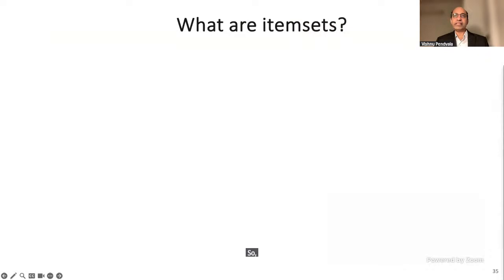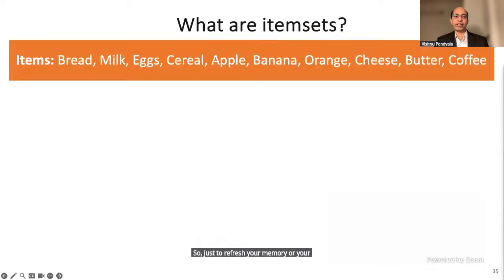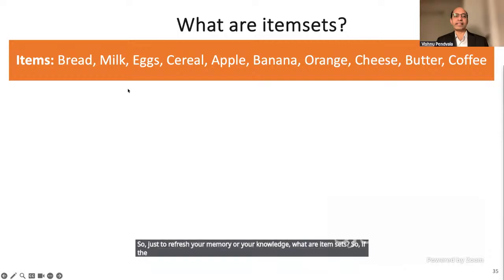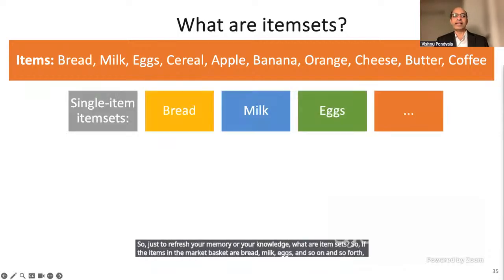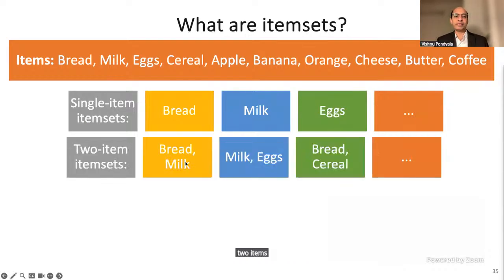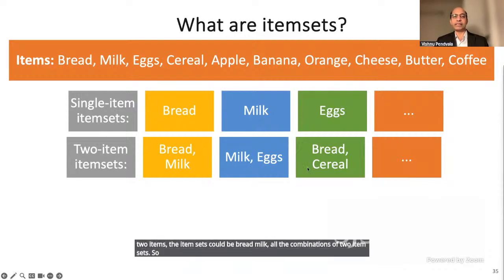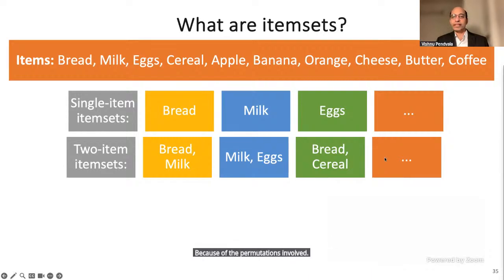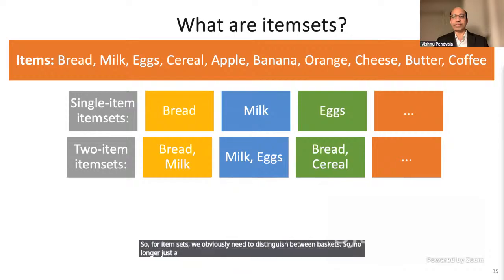Just to refresh your memory, what are item sets? If the items in the market basket are bread, milk, eggs, and so on, the single item sets could be bread, milk, eggs. Item sets could be bread and milk, all the combinations of two item sets. So you see why it's exponential growth, right? Because of the permutations involved. For item sets, we obviously need to distinguish between baskets, so it is no longer just a single stream of bits.